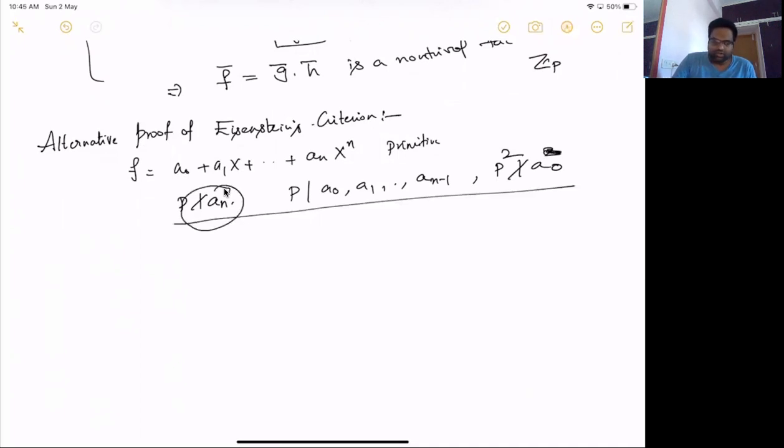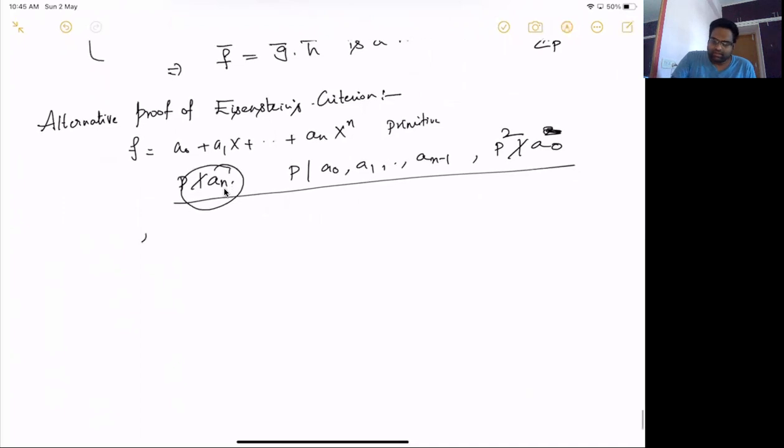So we can use the localization principle, and F bar is equal to AN bar x to the power of n.